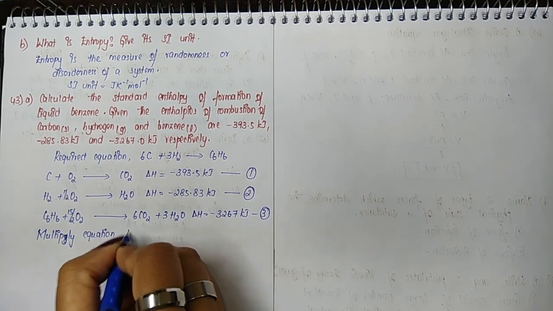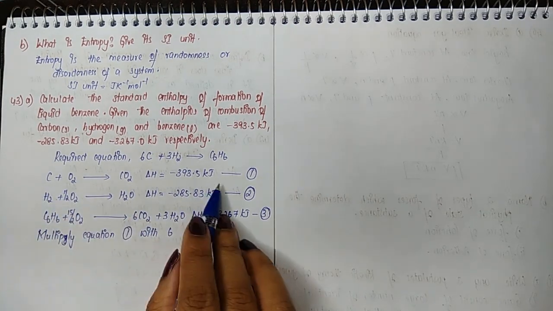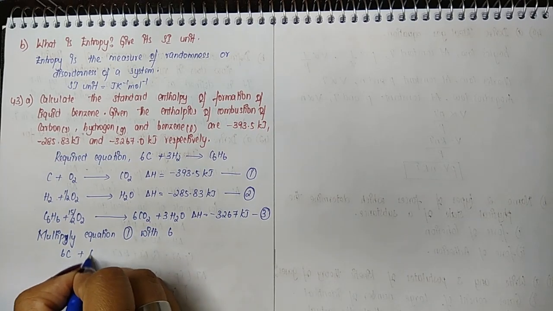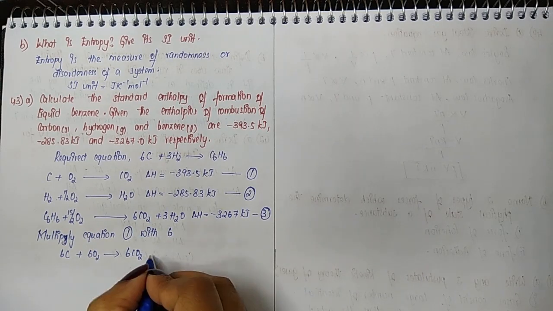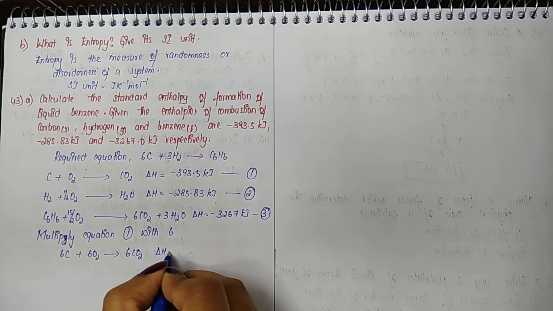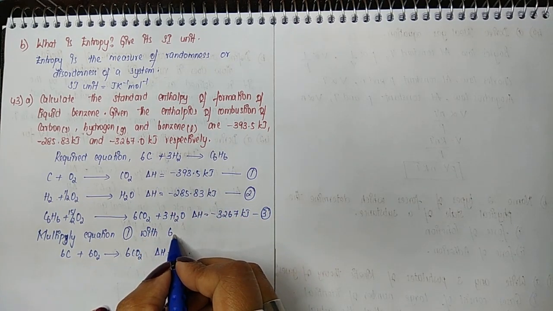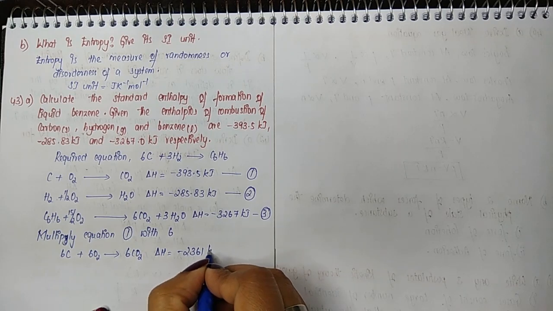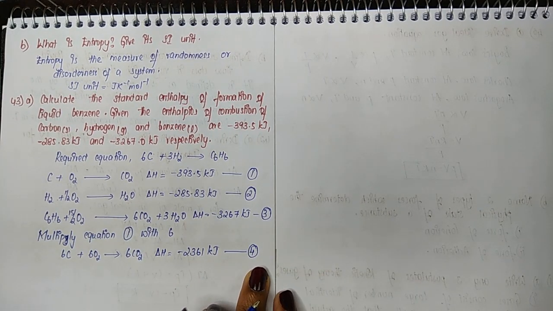When we multiply it including the value, you will get 6 carbon plus 6 O2 giving 6 CO2. And its delta H value is going to be minus 393.5 into 6. So you will get minus 2361 kilojoule, and this equation is going to be equation number 4.